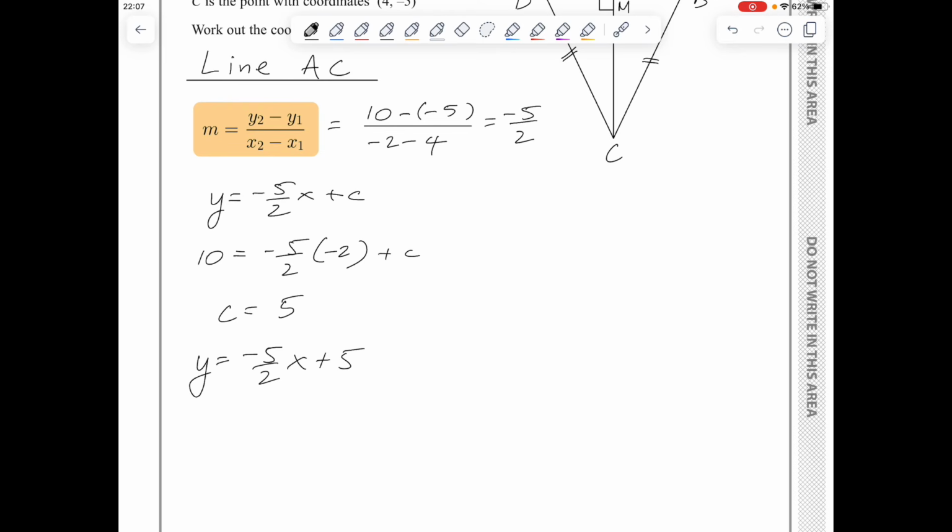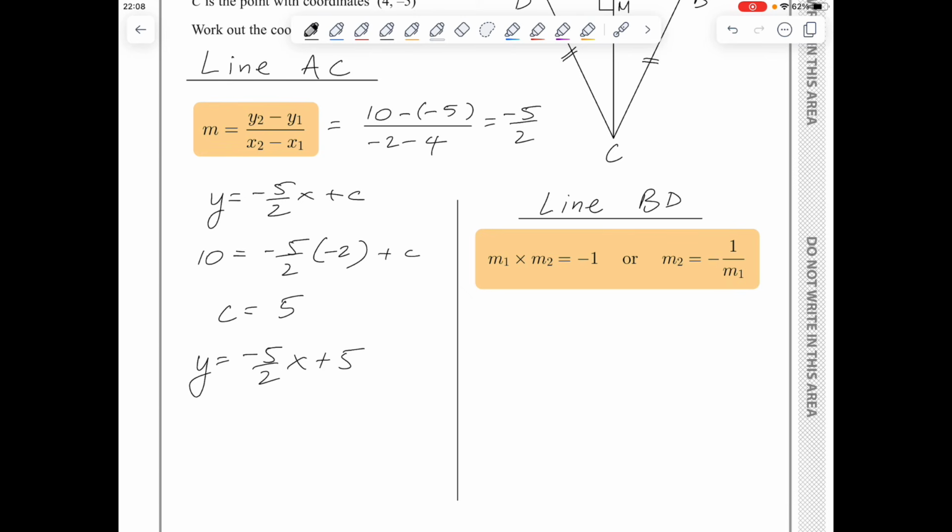Then I'll find the equation of line BD. Now line AC and line BD are perpendicular, so I will use the following rule. This says that the product of the two gradients must be minus 1, so the gradient of BD is equal to minus 1 over the gradient of AC, and the reciprocal of minus 5 over 2 is 2 over 5, the negative becomes positive, so that's the gradient of line BD. So I get y equals 2 over 5x plus c.